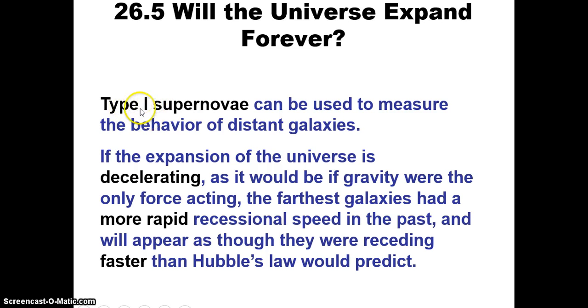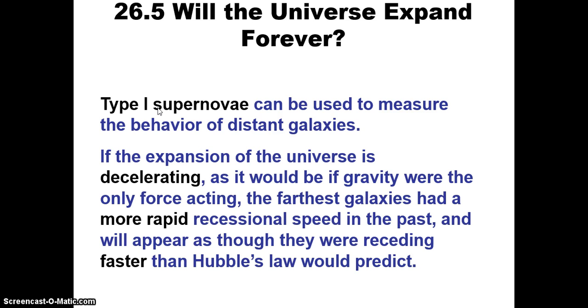So remember, as a reminder, type 1A supernovae are always the same luminosity, or nearly so. So no matter where they go off in the universe, whatever galaxy they occur in, you know exactly what their peak luminosity is.